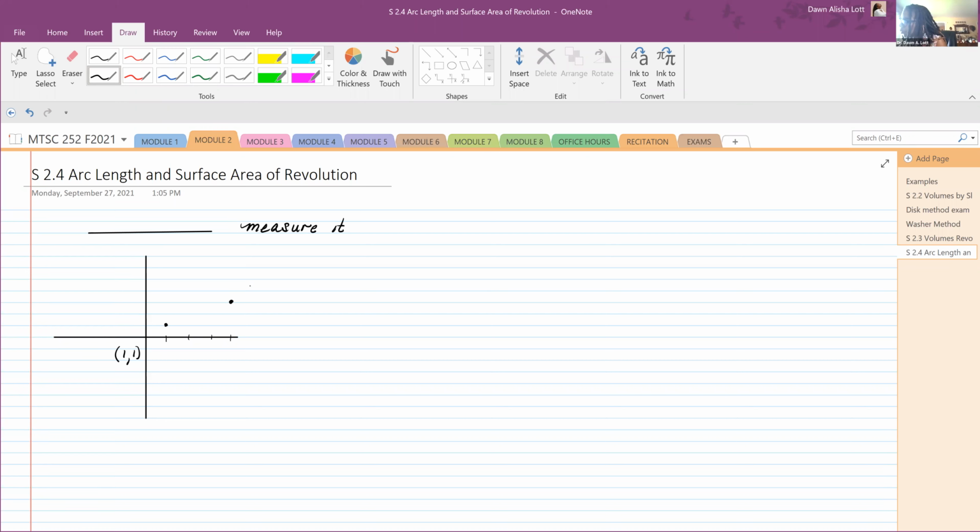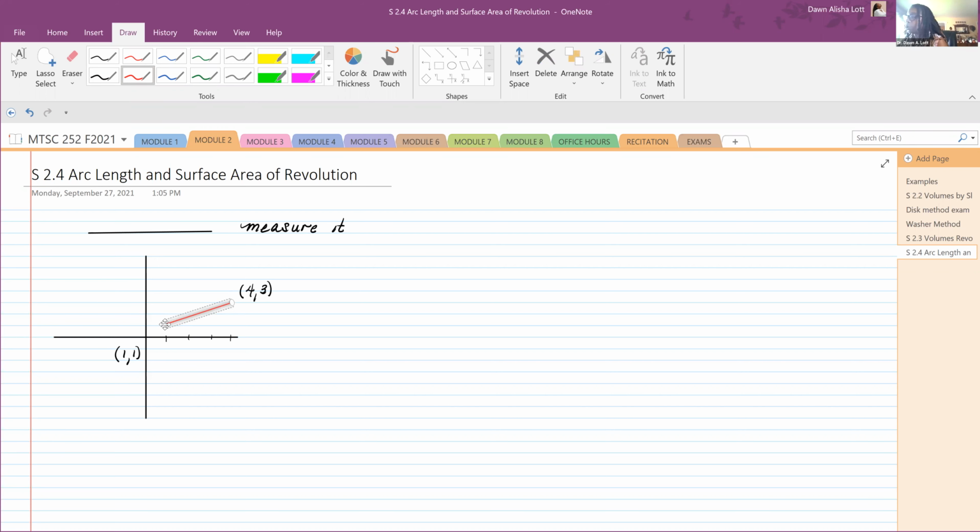Now I have a straight line going between these 2 points, and I ask you how to find the length of that line.